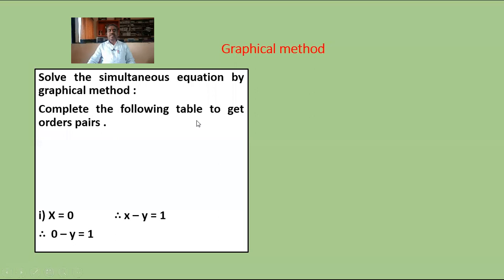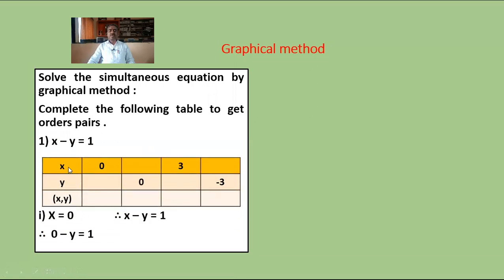Complete the following table to get ordered pairs. x minus y is equal to 1. This is a given linear equation in two variables. x, y, this is the given tabular form of the coordinates x and y. For the first point, x is equal to 0, find the value of y and write the coordinate point.